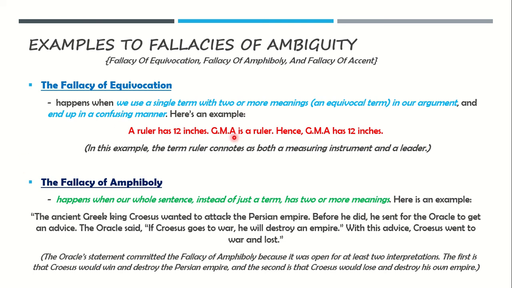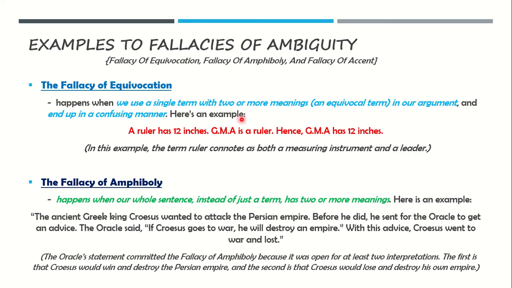GMA is a ruler, hence GMA has 12 inches. So in this example, the term ruler connotes two different meanings. Ruler can either be a measuring instrument or ruler can also be a leader.